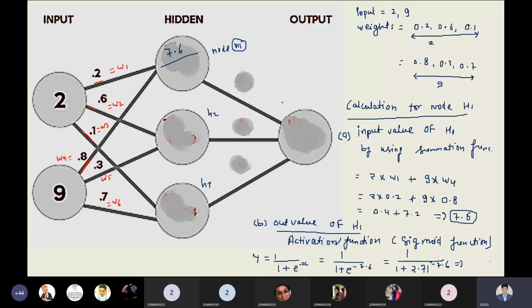After telling me this value, other students are required to calculate the in value of H2 and out value of H2, and the in value of H3 and out value of H3. So calculate and tell me all the values. This value is coming 0.9995. Okay, just let me check what value you're getting.